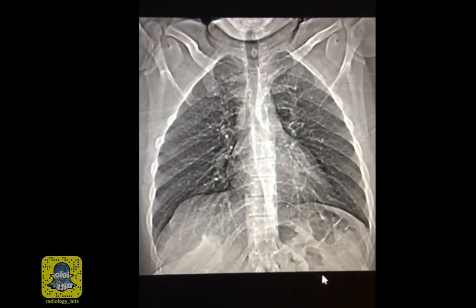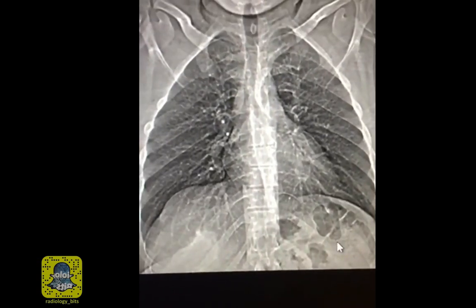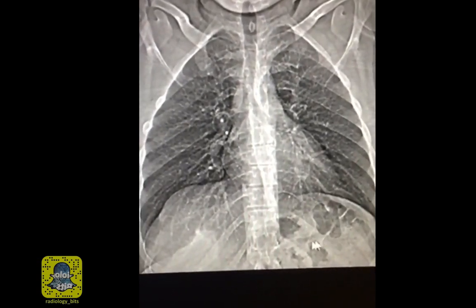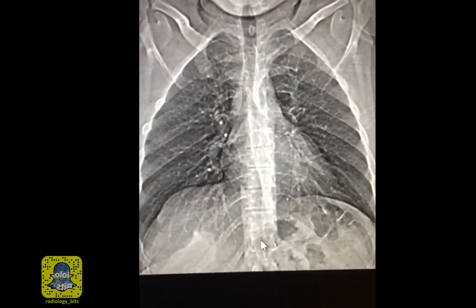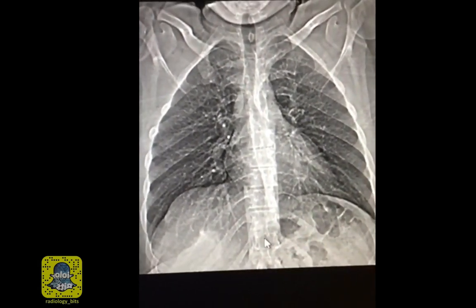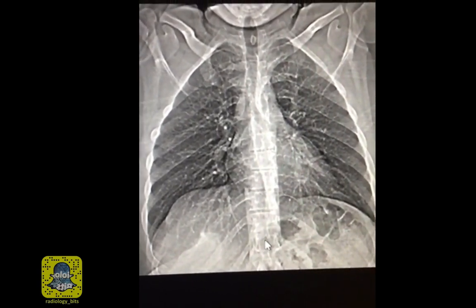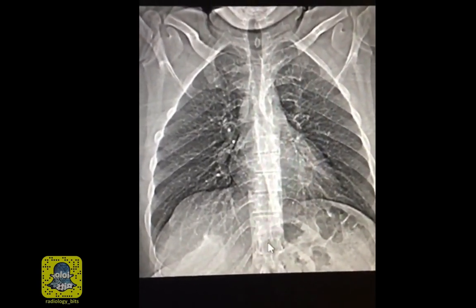However, did any of you guys see an abnormality? Given the different technique and the non-standard X-ray, it's very difficult to see subtle findings. So what we could see on a scout image is usually a big or obvious abnormality.